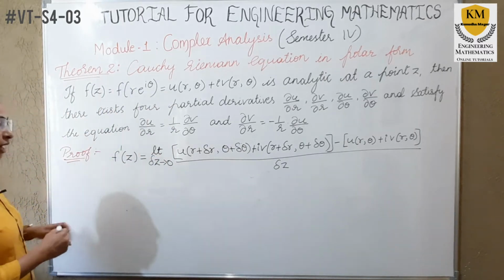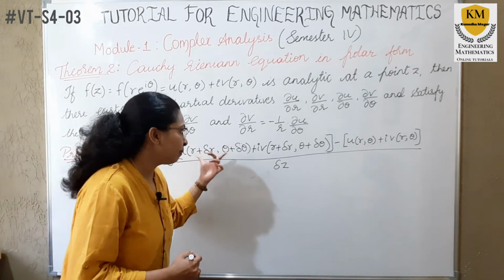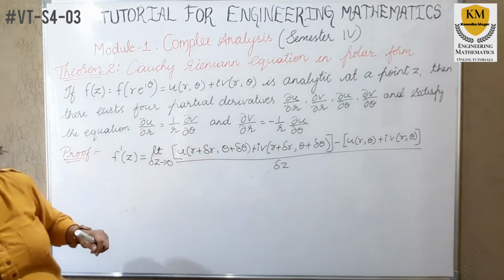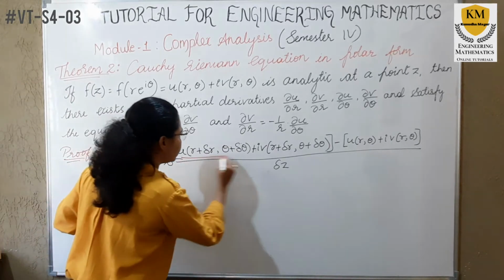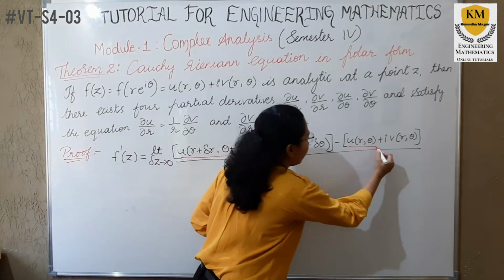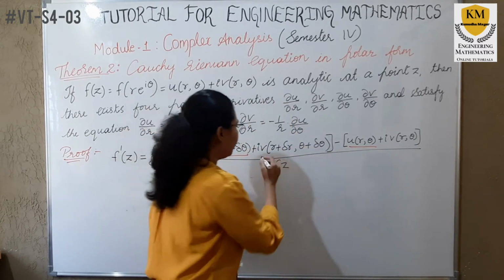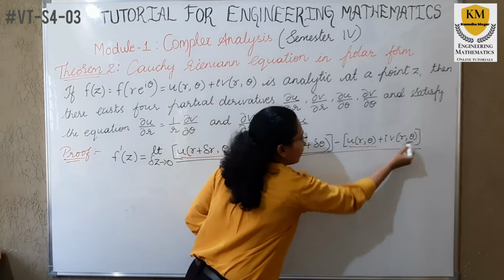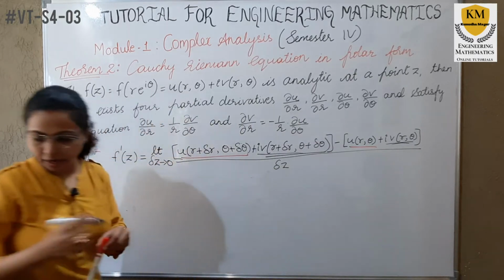So now further let me separate the real part on one side and the imaginary part on the other side. The red marked one is the real part and the black double line is the imaginary part. Observe very carefully now.